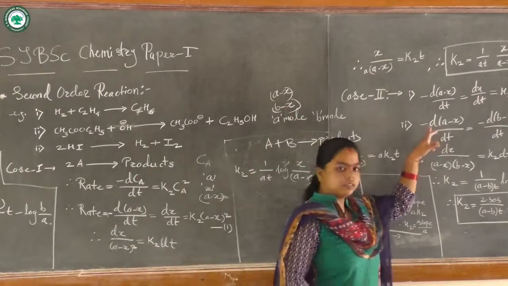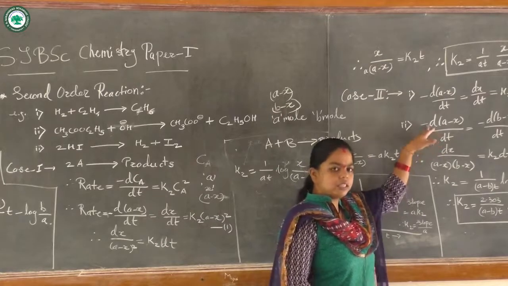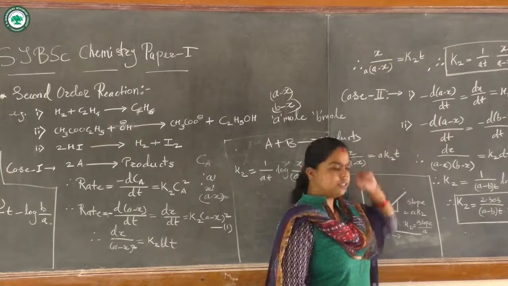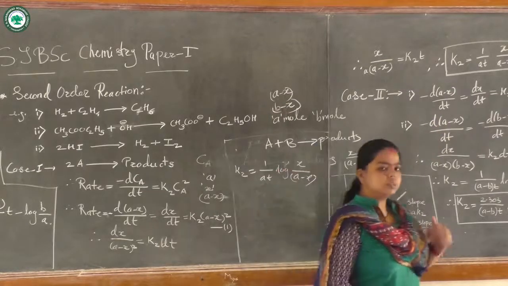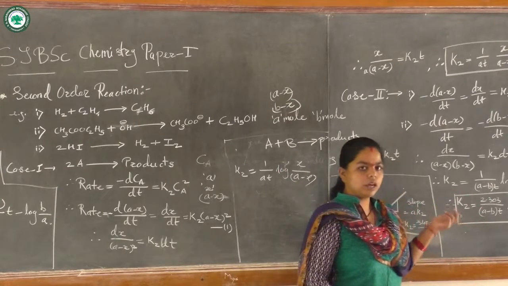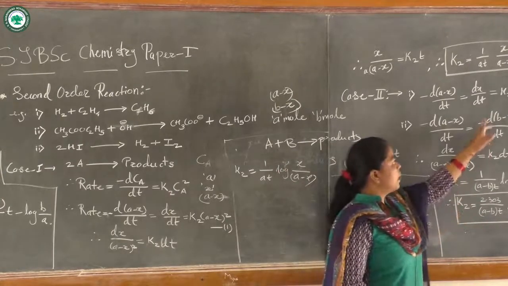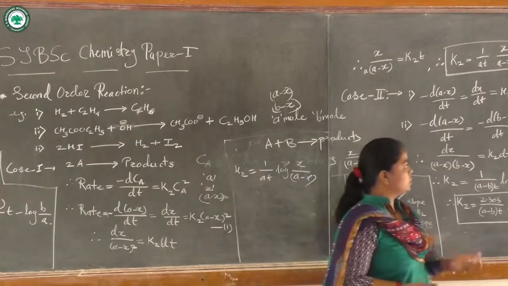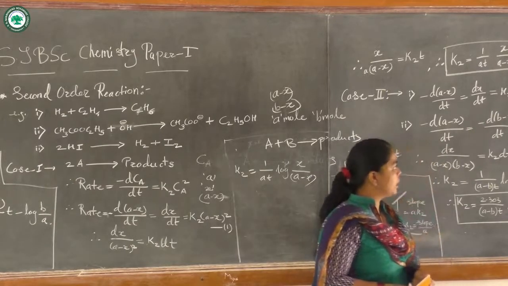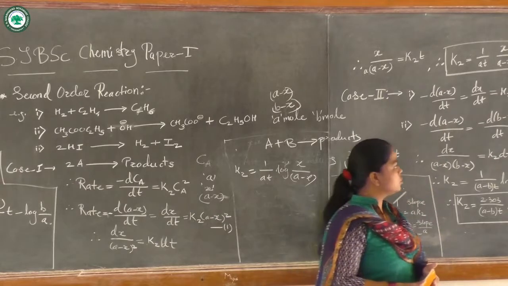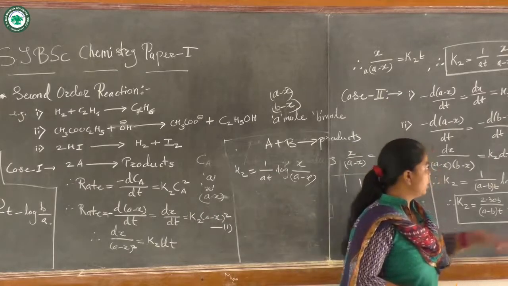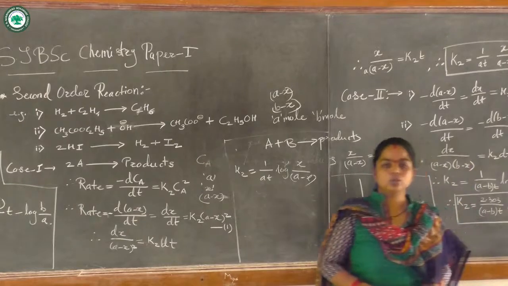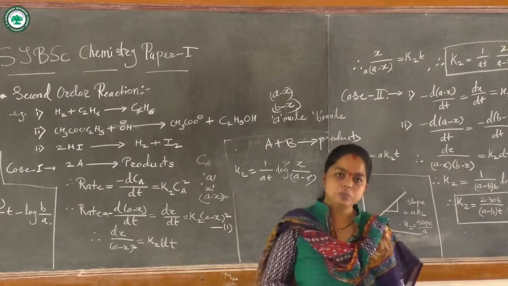So we can write in the rate equation minus d(A minus x)/dt equals, for the other reactant, minus d(B minus x)/dt. Further, dx/dt, the reacted concentration, is proportional to, with constant K2, into (A minus x) into (B minus x).